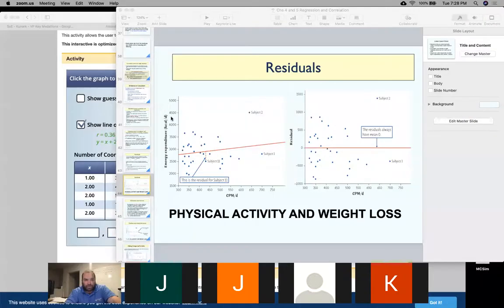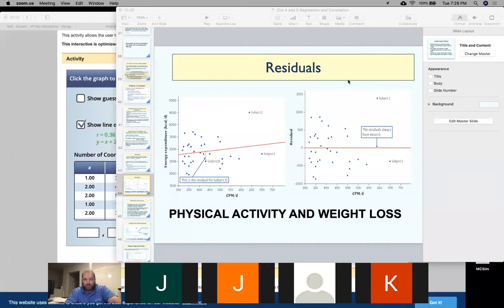So that red line that goes through the data is the best fit line for this particular scenario. Now, every residual is the difference between the actual Y value and the predicted Y value. I want to share my screen here so you can see what I'm talking about.